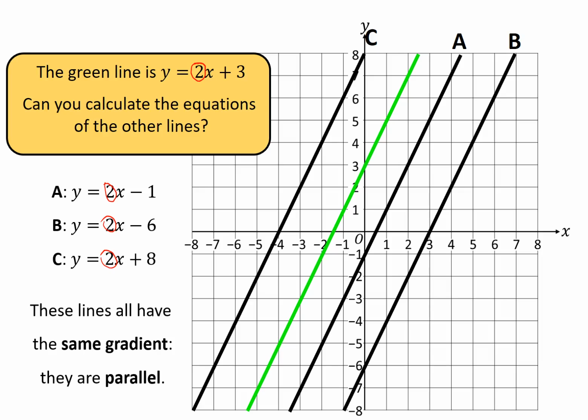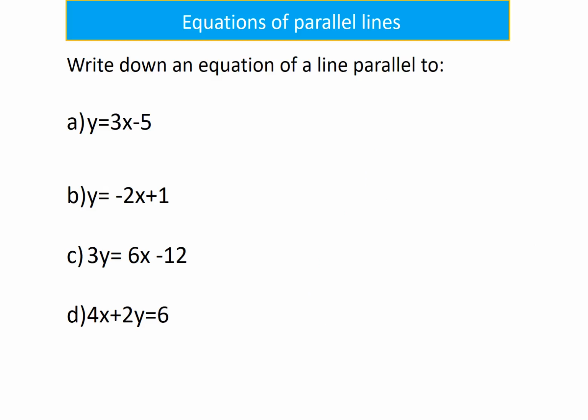It's quite logical when you think about it, because the steepness of those lines is the same, and the gradient describes steepness. So we can use this fact in lots of different problems. But first I would like you to think about an equation of any line that is parallel to those given ones here.